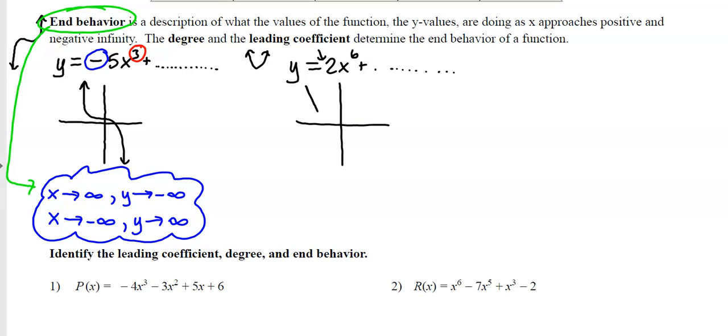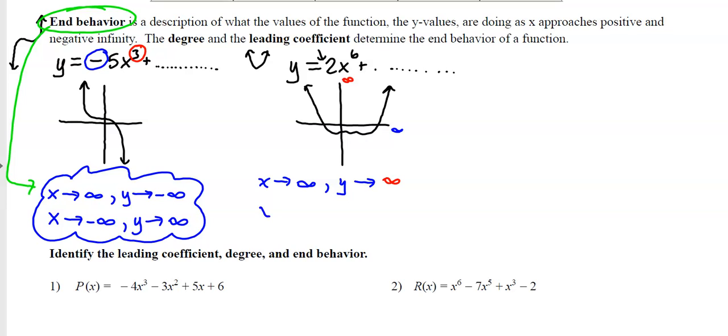So it's going to come down, and it might have a couple little weird squiggles, and then it's going to go right back up. So on something like this, I would say, well, as x moves to the right, or as x goes over here to positive infinity, y is also going to go to positive infinity, which is up in this direction. So y's are getting bigger as x's are getting bigger.